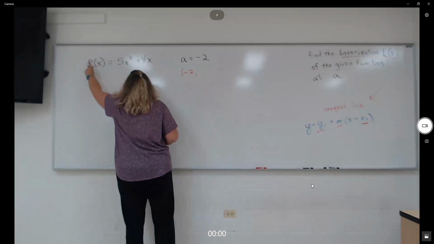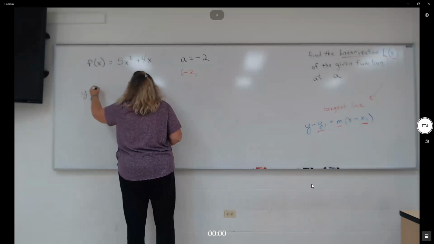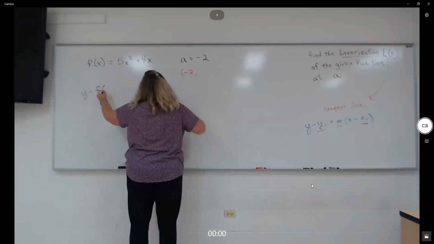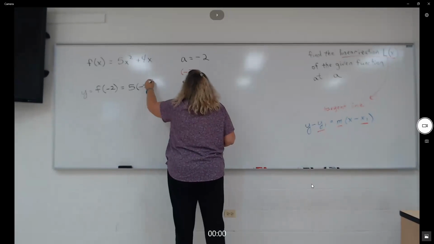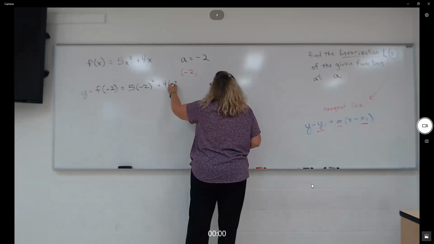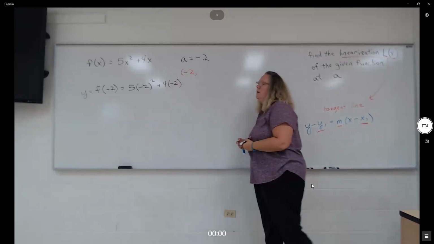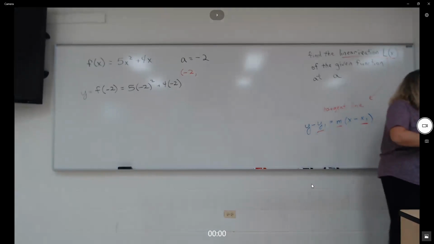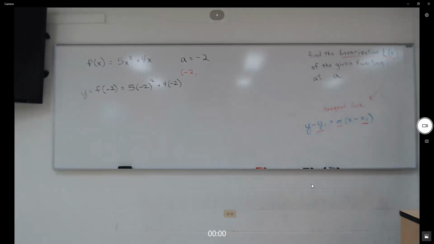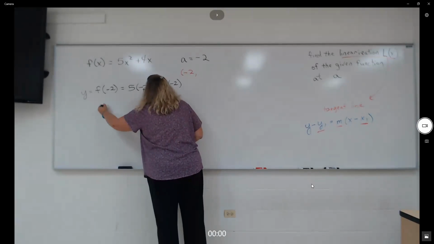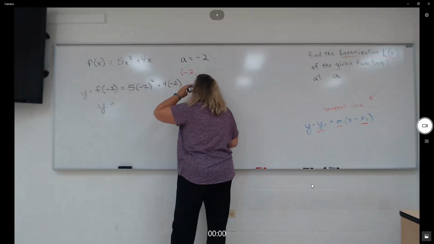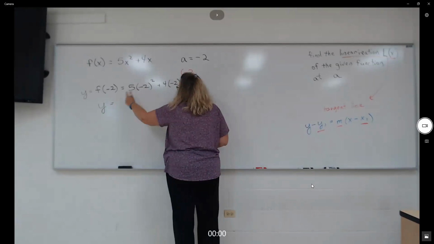Don't even take the derivative yet. y is going to be f of, and we'll go ahead and plug in the -2. So 5 times -2 squared plus 4 times -2. So the first thing you want to do is just find y right on the function. All right, and then just go through that. What does that give us? So that'll be y. I might drop this out because I now want to think of it in terms of specifically y.